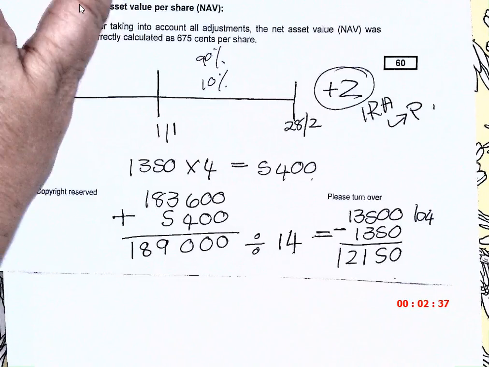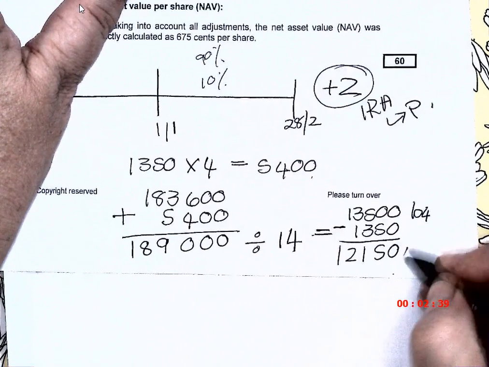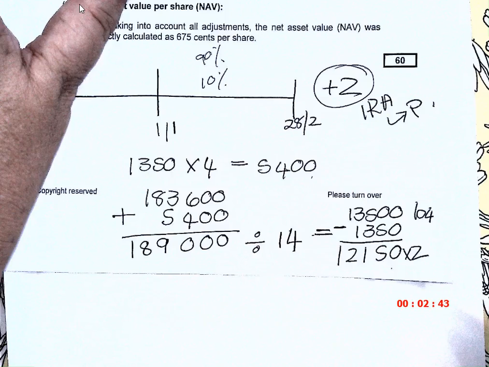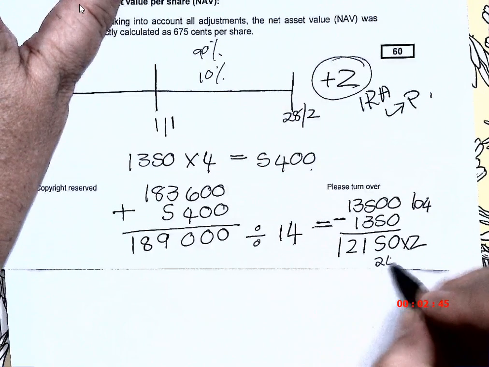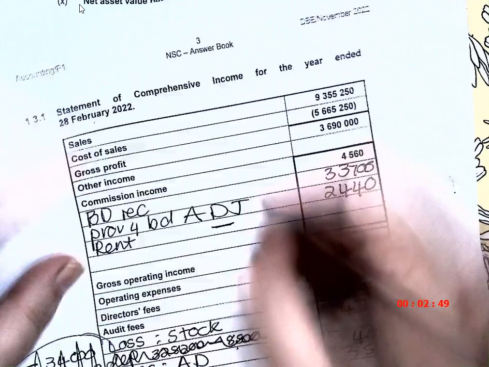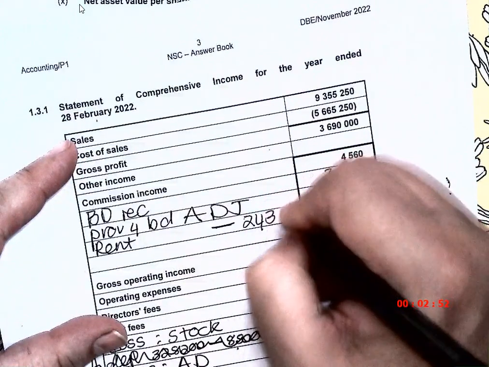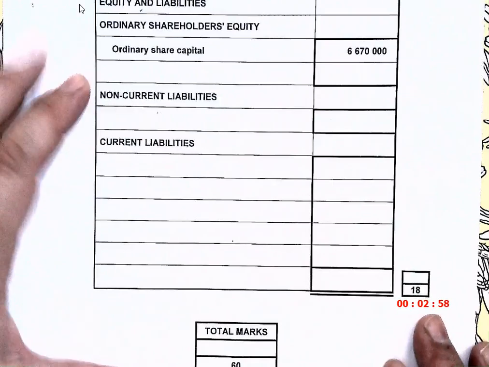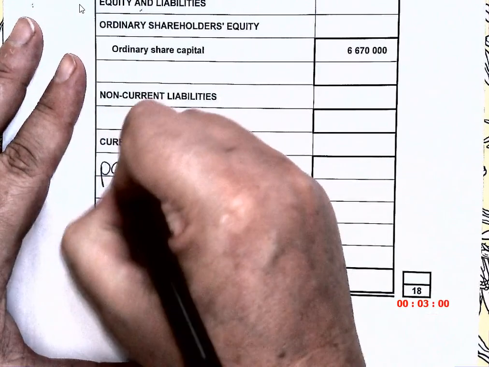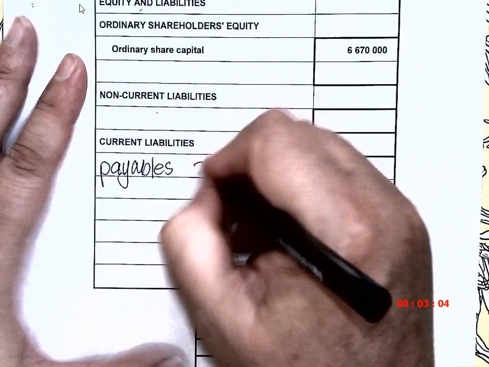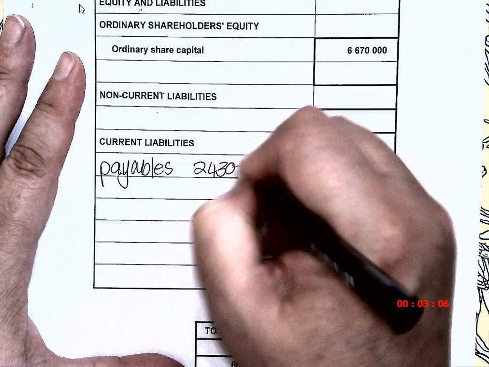Okay, so that 12,150 is for 2 months, because it's March and April, and that gives me 24,300. So in here I'm going to subtract 24,300, and in my balance sheet, which I see they haven't given me anything yet, my payables will increase with 24,300.